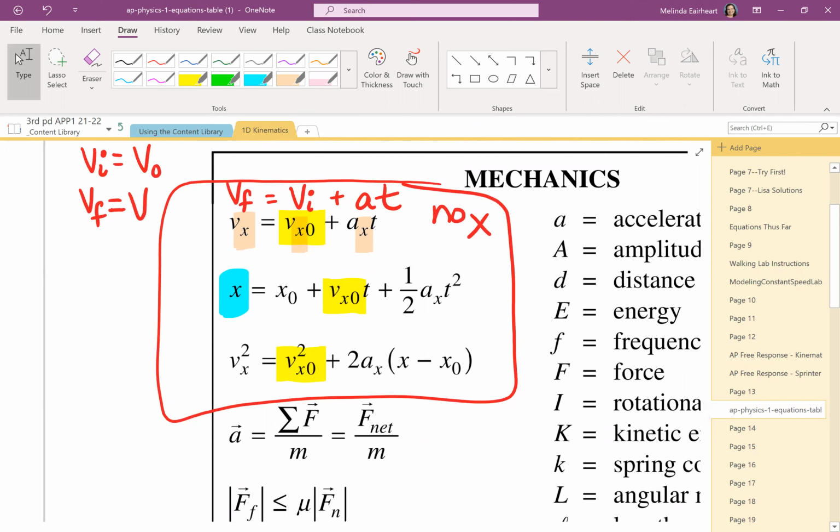Distance is not in there. Do we know final velocity for the first segment? No. And so we need an equation that doesn't need final velocity. We'll look at second or third. Which one doesn't need final velocity?